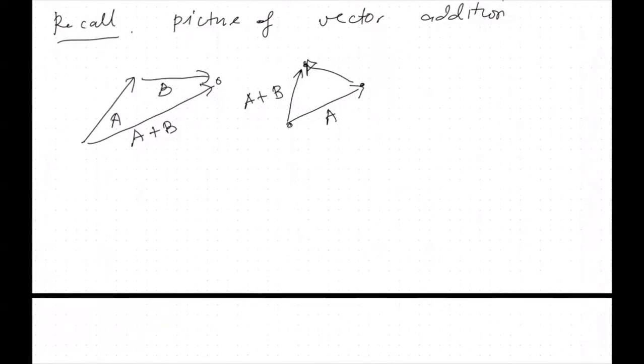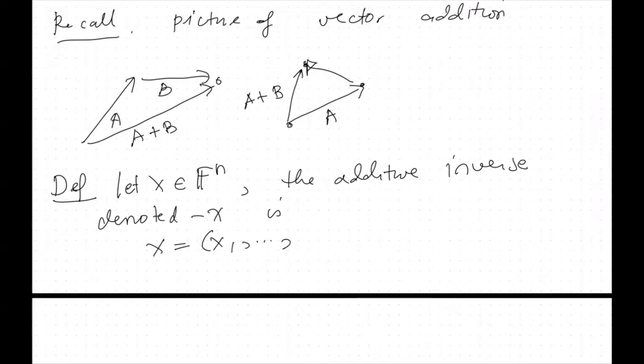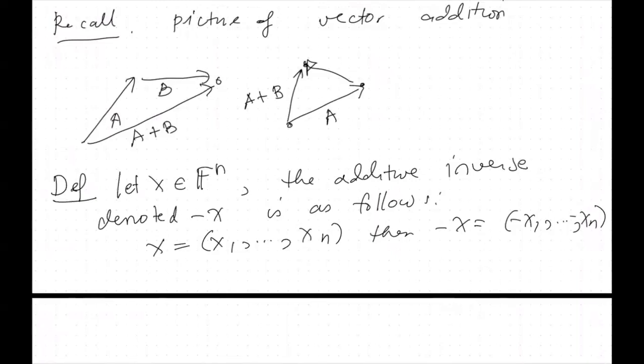All right. Now, also, if we have x in our F to the n, the additive inverse, denoted negative x, is, if x is equal to this, negative x is just negative x1 up to negative xn.